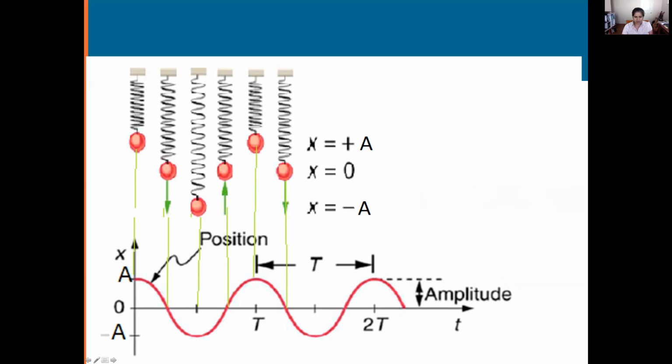If this axis were space, like the x-axis, this would be one wavelength. So one unit of the pattern is one wavelength in space. In terms of time, it occupies one time period. That's one entire oscillation, starting from most compressed to least compressed to most compressed again. And that's our one time period.